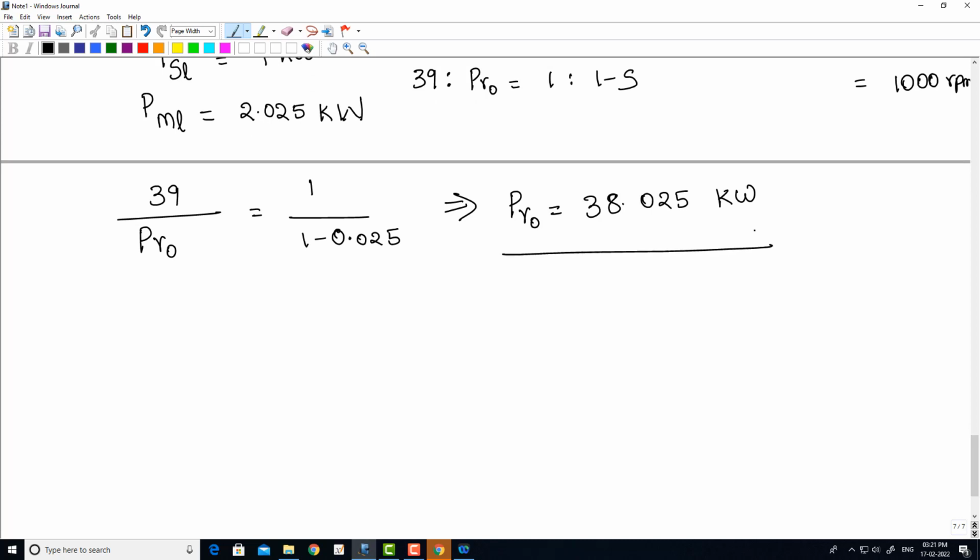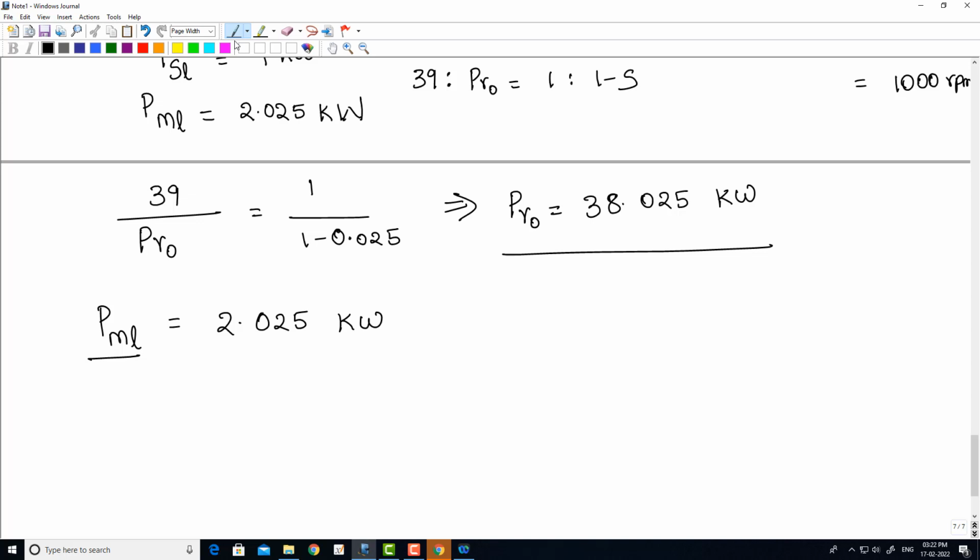But in the question it is given that there is a friction and windage loss, that is, mechanical loss in the rotor, of 2.025 kilowatts, right? This is the mechanical loss.